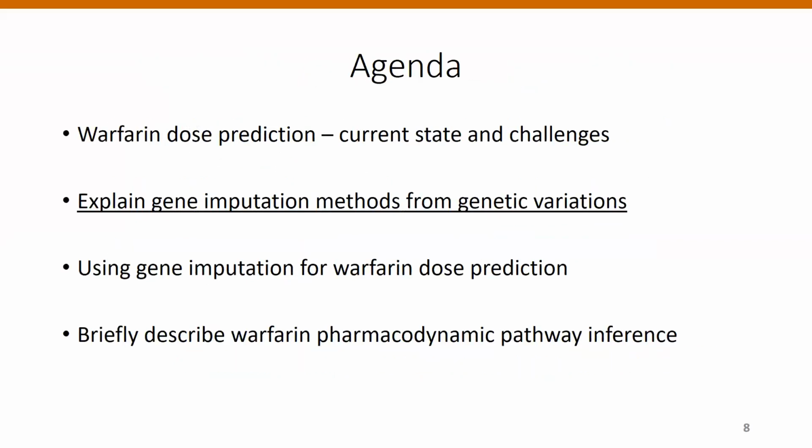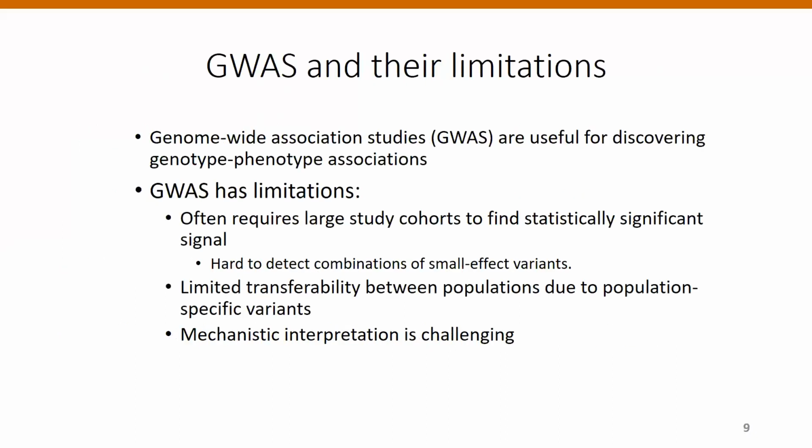So now is the time to actually explain what gene imputation is and how it may solve current limitations in genome-wide association studies. So genome-wide association studies, such as the Warfarin studies, of course, are very useful for discovering genotype and phenotype associations, but as has been known for several years now, they have some limitations.